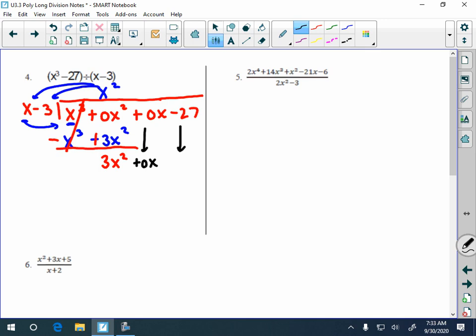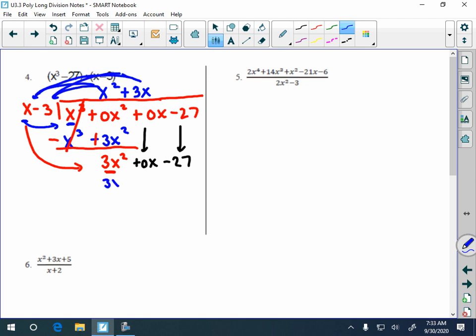And if you want, you can just always bring everything down. You just keep bringing everything down. Okay, so you can do that. All right, so now I'm going to look at the x on the outside and the 3x squared. And so x times what is 3x squared? So it's going to be 3x. So I can put a plus 3x. Now you take the 3x and distribute that over.